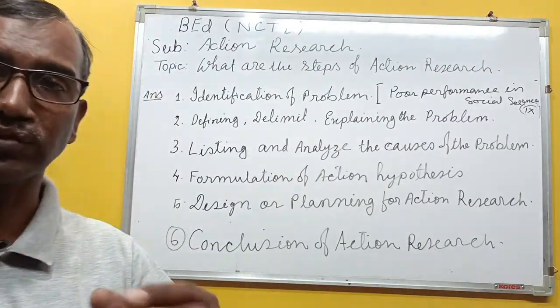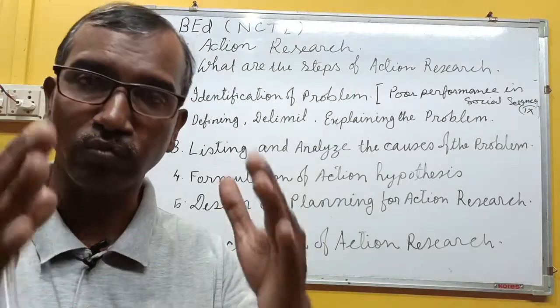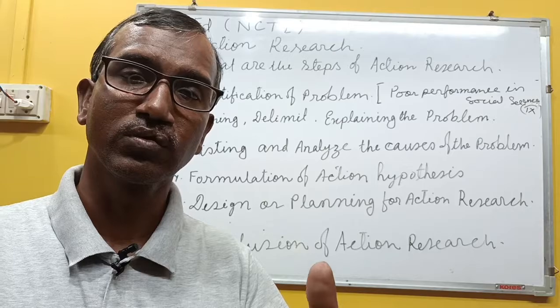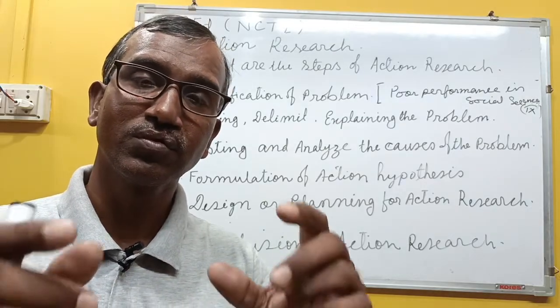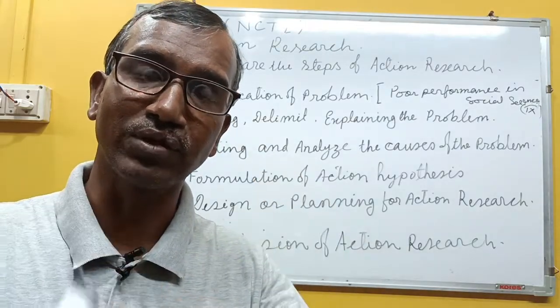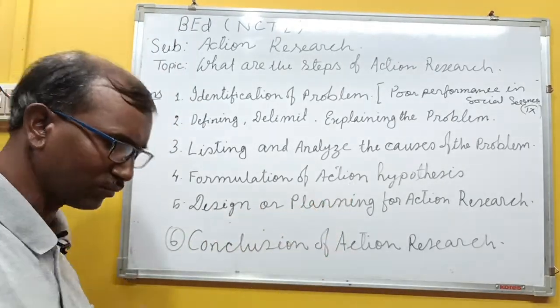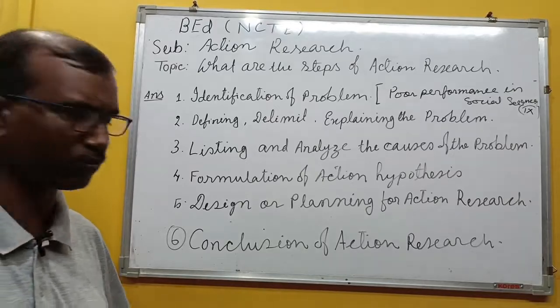So one of the hypotheses may be that poor performance is due to the traditional method of teaching in class 9. That is the hypothesis, that means a decision on why it is so poor.